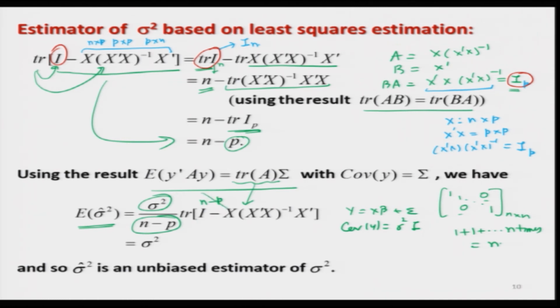So, this n minus p and n minus p cancel out, and we get the expected value of sigma hat square is equal to sigma square.